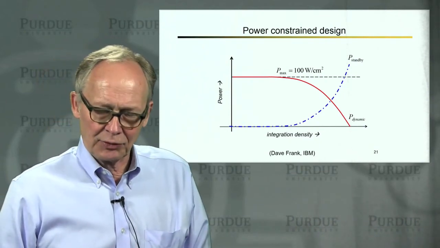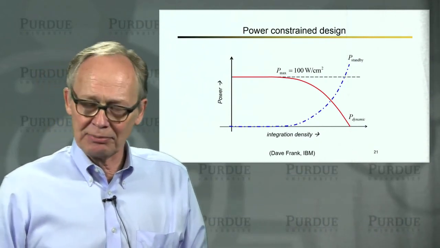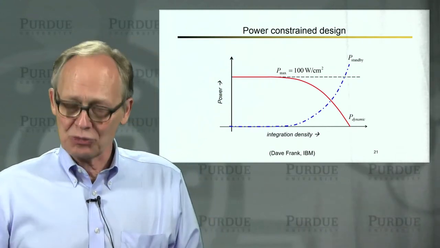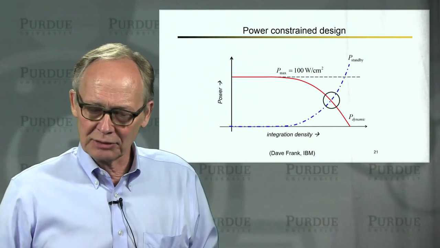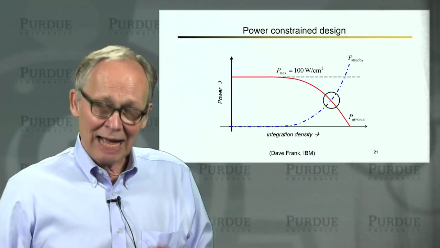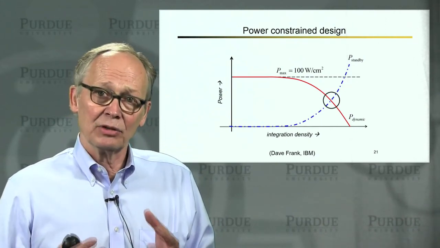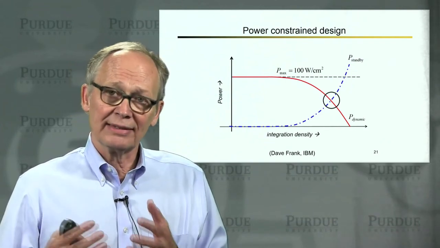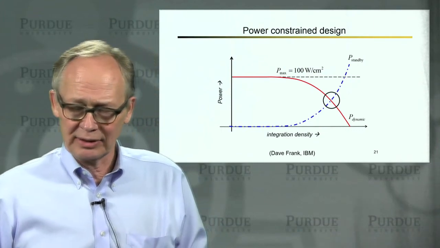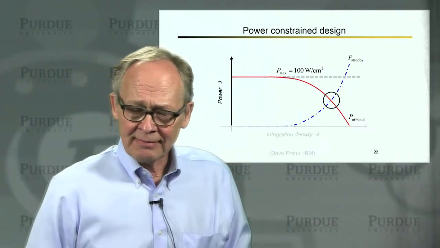So I have to be careful. I have to manage the standby power. I have to have low off currents and not too many transistors so that I can use as much dynamic power to do as much as possible. And what's happened in designs these days is that if you look at a typical chip, a significant fraction of the power is standby power, just being dissipated when nothing useful is happening.